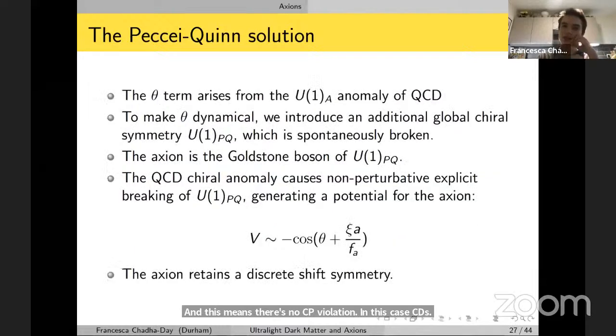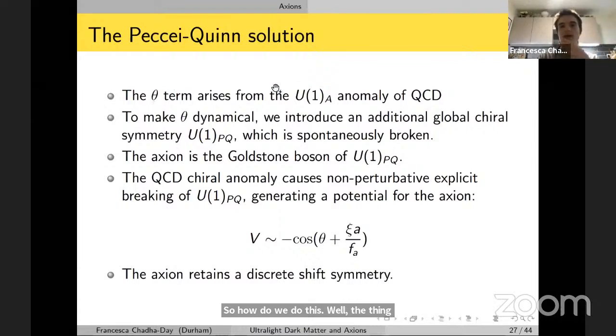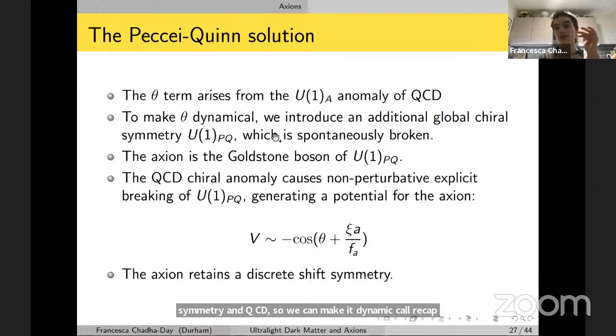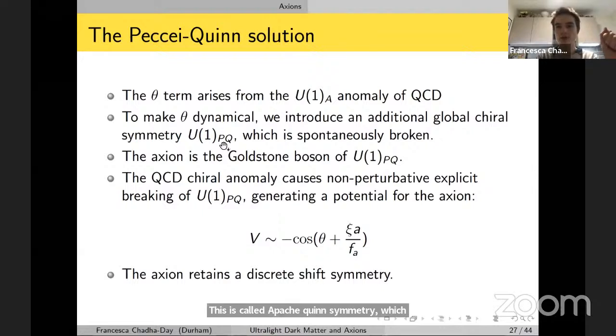So how do we do this? Well, the theta term, it turns out, arises from an anomalous symmetry in QCD. To make it dynamical, we have to introduce an additional global chiral symmetry for the standard model. This is called the Peccei-Quinn symmetry, which is spontaneously broken.